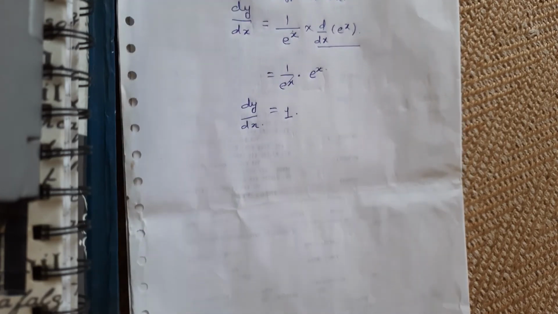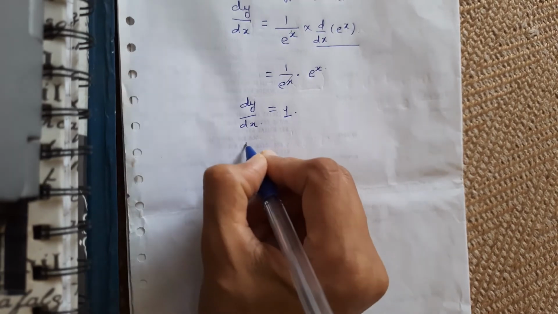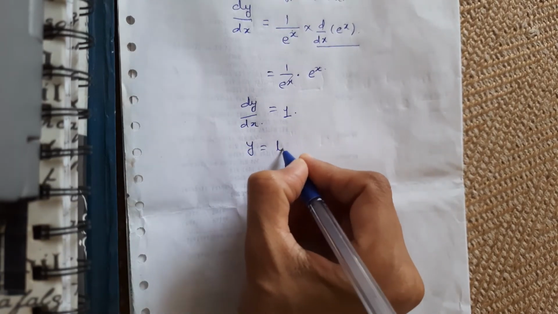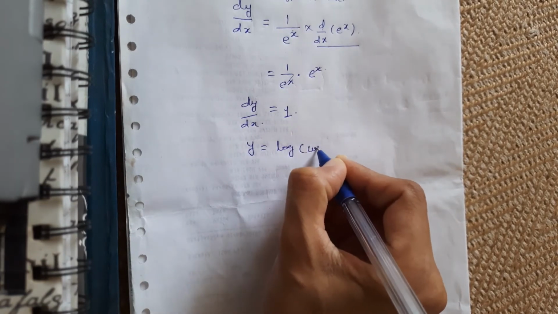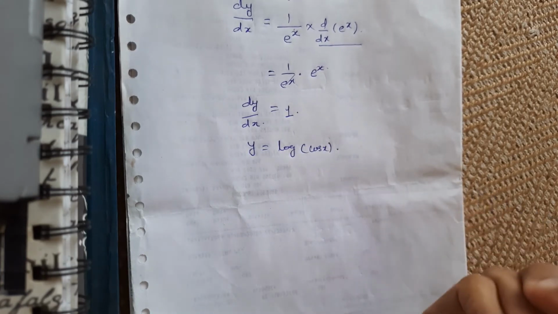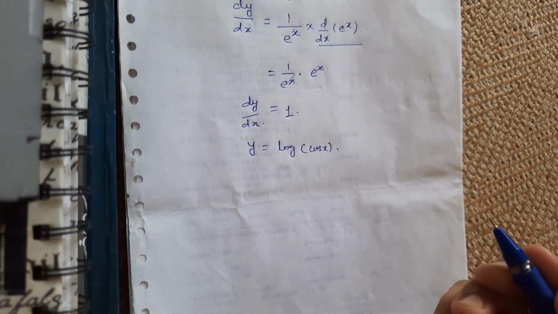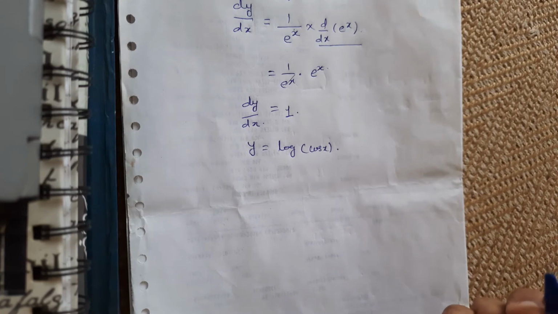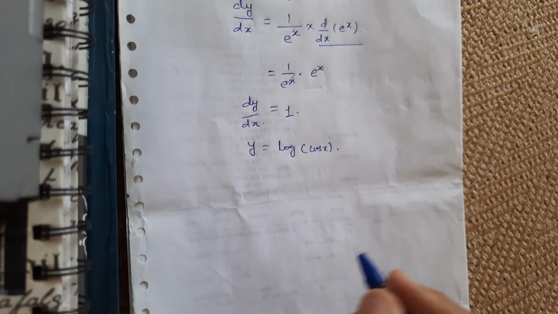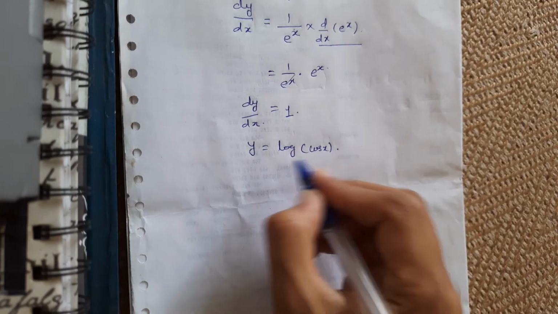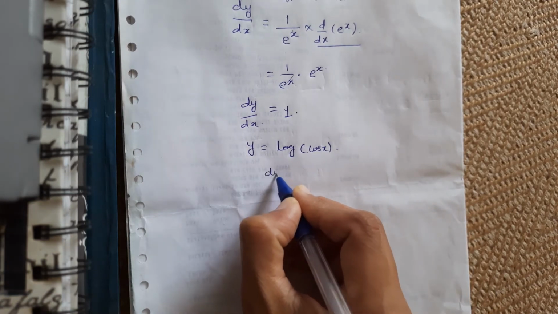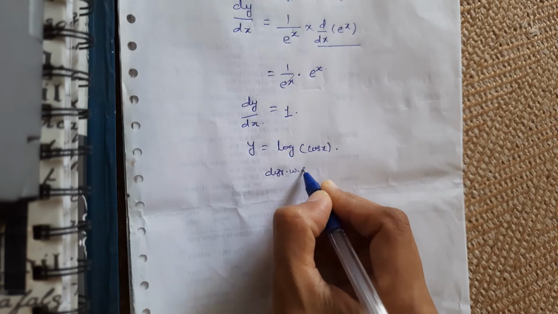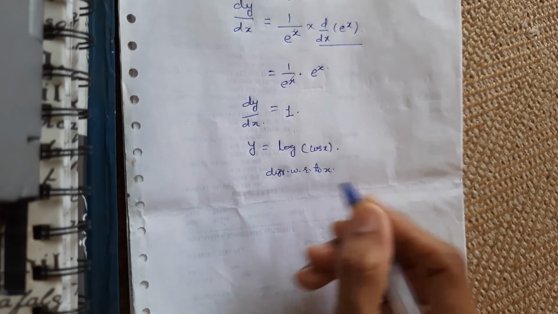Okay. I have a function y equals log of cos x. Now just take a few minutes and try to solve it. Okay, alright, just pause the video here and try to solve it by yourself. So what will be the derivative? Differentiate with respect to x.